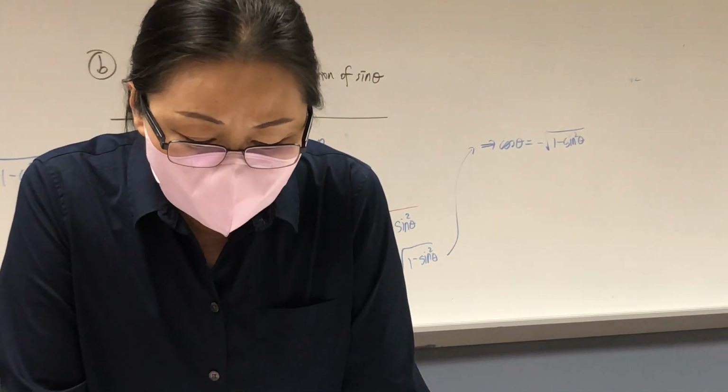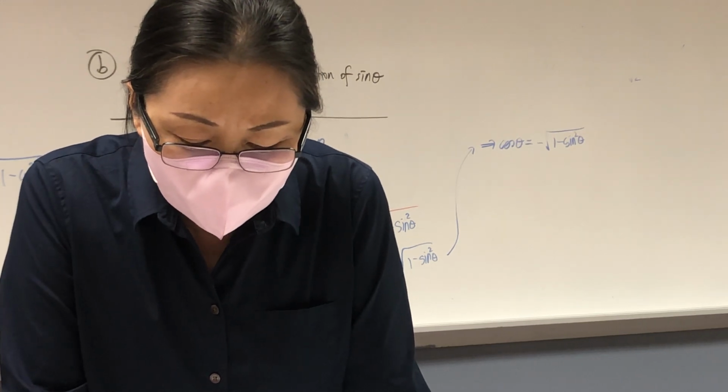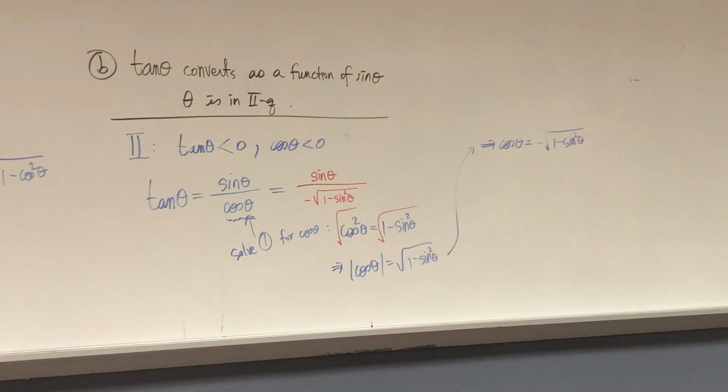Here, tangent theta is 2/3. Theta is in third quadrant. Find cosine. See what the situation is? Tangent theta is 2/3 and theta is in third quadrant, and find cosine.